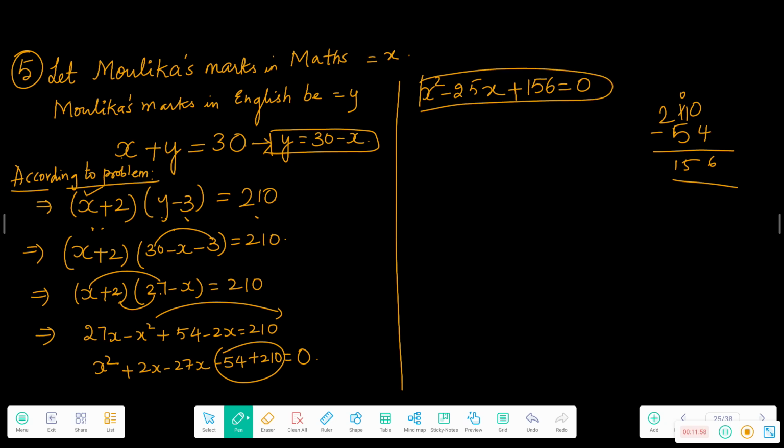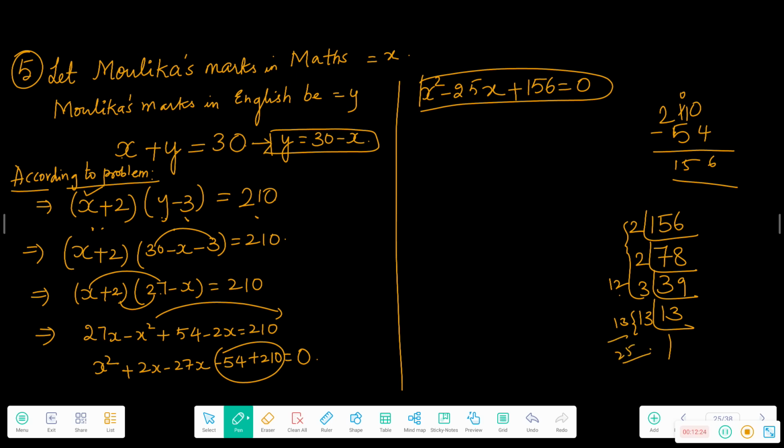Now we got a quadratic equation, and if we solve it we will get the values of x. So we will take out the factors of 156. 2 2s are 4, 4 3s are 12, and this is 13. 12 plus 13 will give us 25.